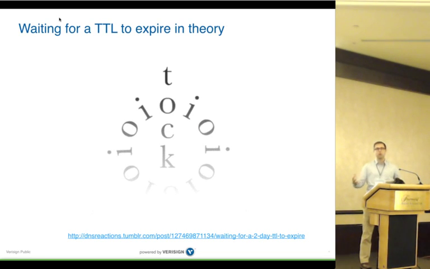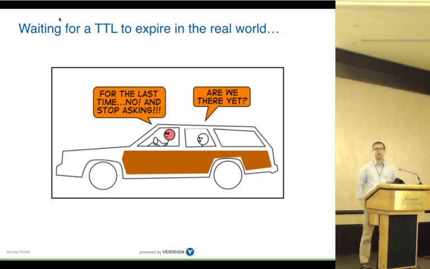So I think we all have a theoretical idea of how a TTL and a cache should work, right? And usually there's a pretty large discrepancy between theory and reality. So when we went into this report and study, we knew in theory how it's supposed to work, but we were prepared for the real world. And I like to think of the real world and DNS TTLs like this scenario.